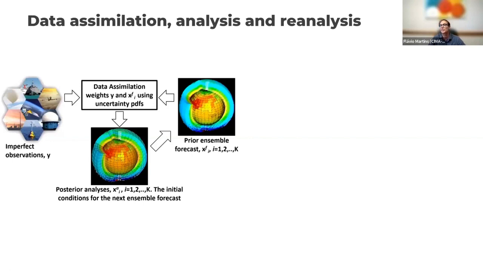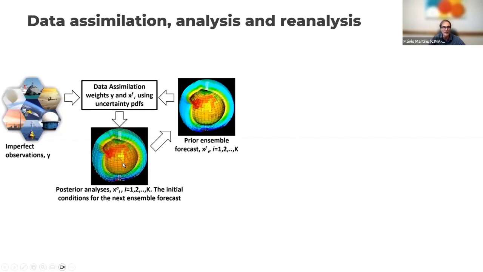So when we are using the observations to improve the initial condition of the model, we cannot assume the observations are correct. I mean, we must include an error in the observations, you see? So you include observations with the error of the observations, the model with the error of the model, and you use the two to create a better initial solution for the model, okay?